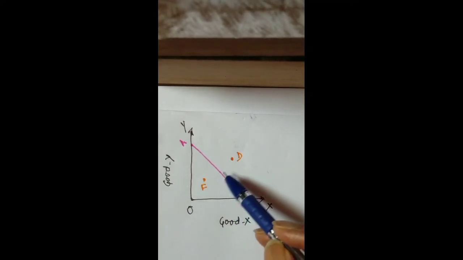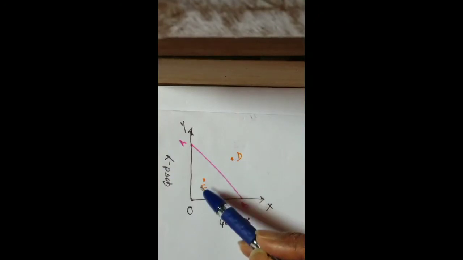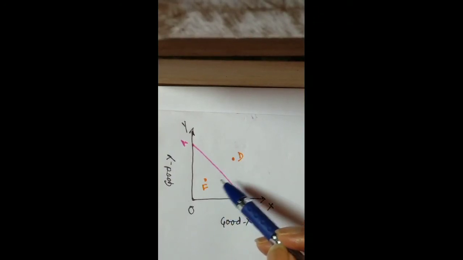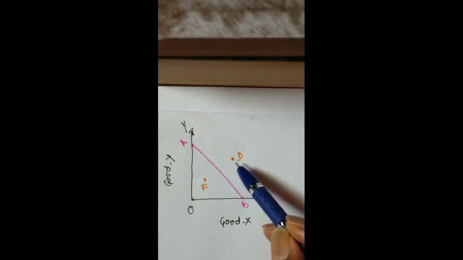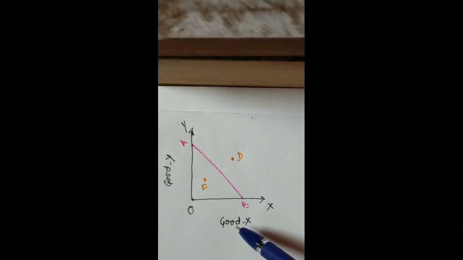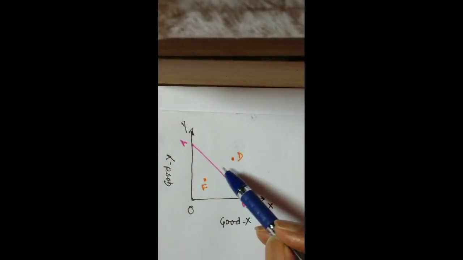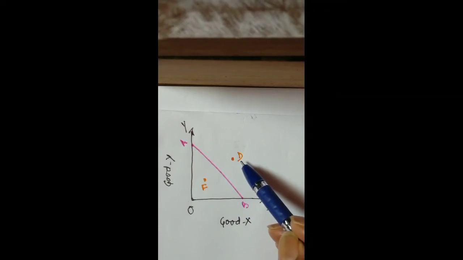Now here I have shown two combinations D and F. Combination D, which is to the right of the budget line AB, cannot be purchased by the consumer because it is out of the reach of the consumer.